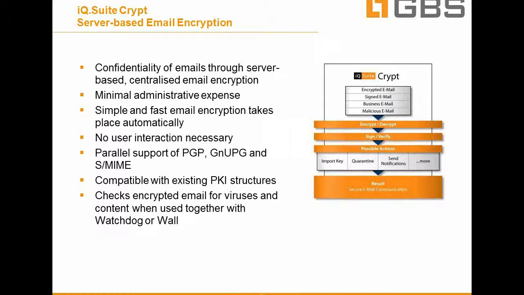The only requirement that we have is it must be a PGP encryption technology. Now that is quite simple because we know that the recipient has a PGP software because he sent us a PGP public key that we were using to encrypt the data. If he had used an S-MIME technology, he would have sent us an S-MIME public key, and we would then have used the S-MIME encryption within IQ Suite.